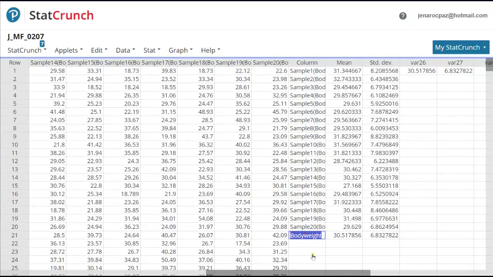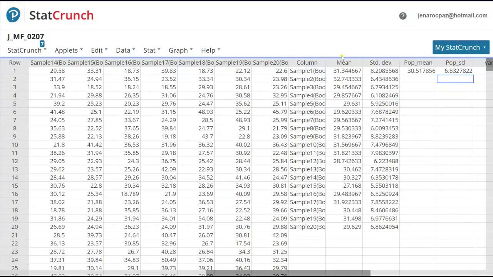And now I'm going to erase the values. I'm going to rename this column as the population mean, and I'm going to label this one here as the population standard deviation, or sigma, mu and sigma.